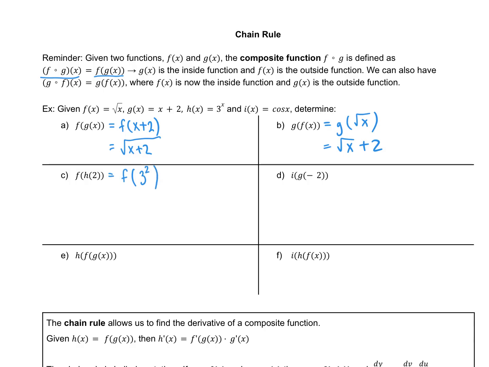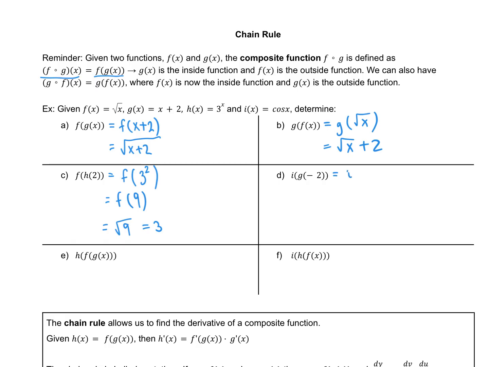I'm replacing x with 2 in h of x, and then I'll evaluate that. 3 to the power of 2 is 9. And now, typical function notation, I'm going to go into function f and replace x with 9. And the square root of 9 is 3. So this would represent a point on the composite function. (2, 3) is on f of h of x.